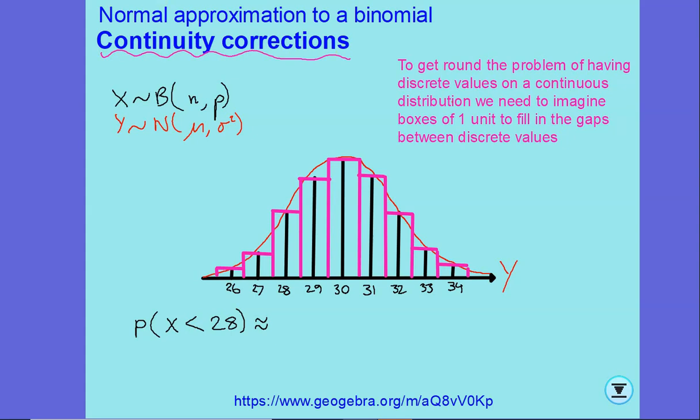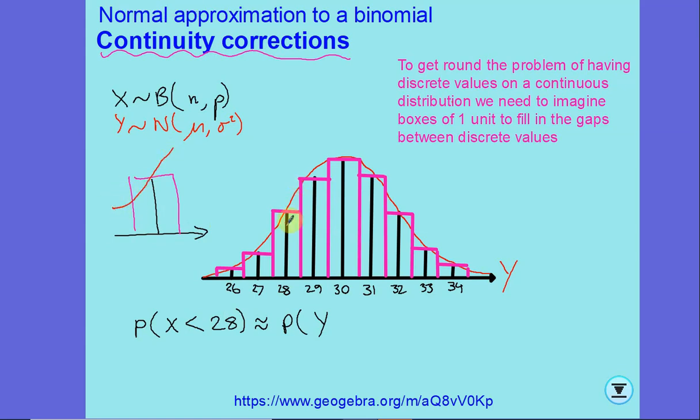Right, so let's have a look at this. If we wanted to work out the probability that our random variable is less than 28, well, we can approximate it. That's why I've changed my equals to a squiggle, using the normal distribution. To do that, what we're always going to do is draw a picture. Now we're looking at 28. So there's my discrete line representing 28. If I draw my box around it, just like I have over there, I'll always draw this every single time. Our line goes through the box and up in that direction.